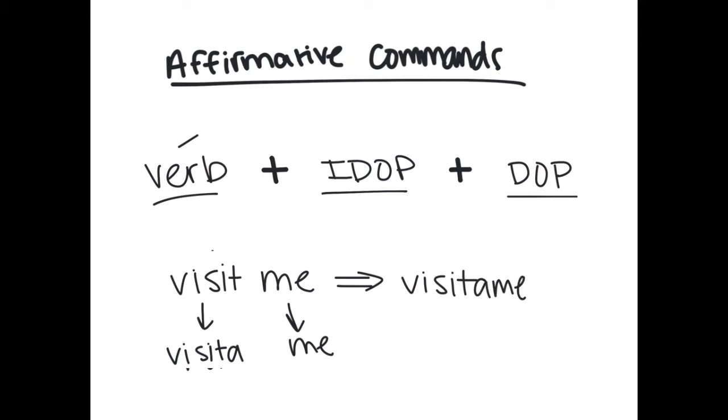But this looks like visitame is how you would say it in Spanish. That's why I have this little accent mark over the verb, because for verbs with two or more syllables, and visita has more than two syllables, in these cases you put an accent on the second-to-last syllable of the verb. So it's going to be vísitame, with the accent, instead of visitame. That's why we put that accent there.